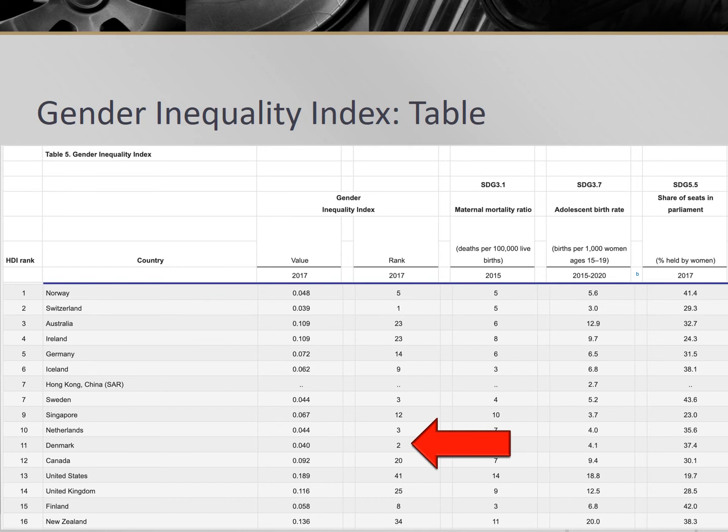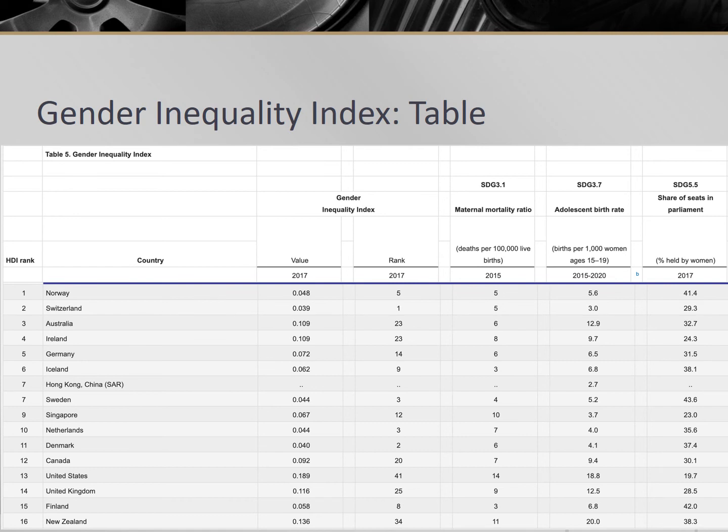The composite value that a country has is a measure of the percentage of potential human development that is lost due to gender inequality. For example, Guatemala has a composite score of 0.493 compared to Sweden's score of 0.044.